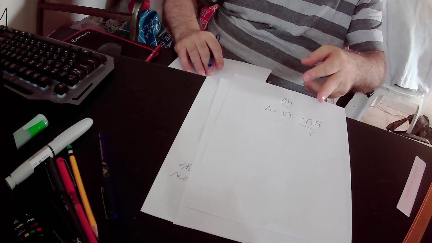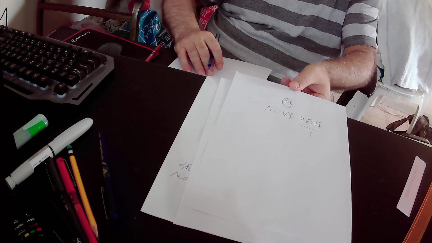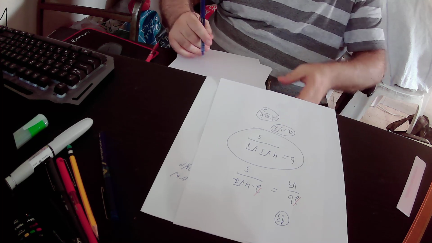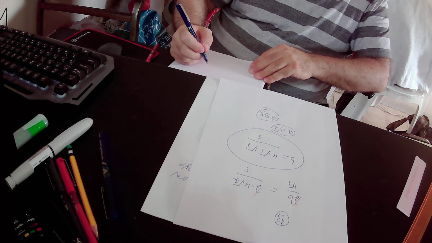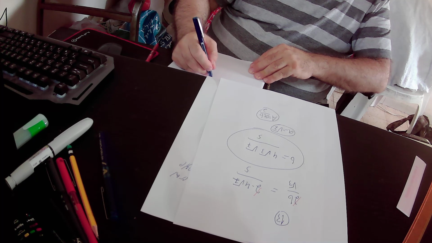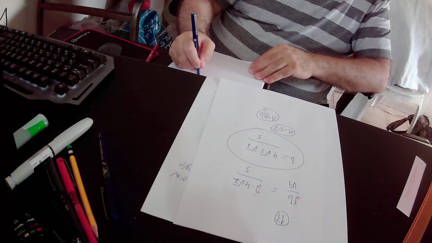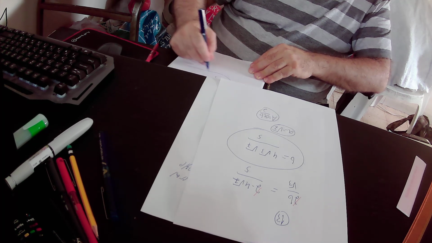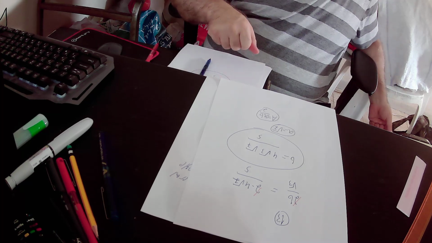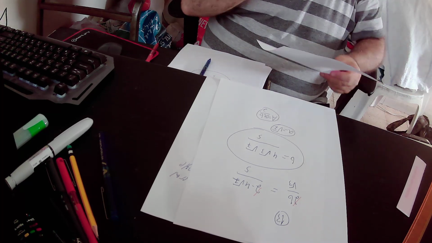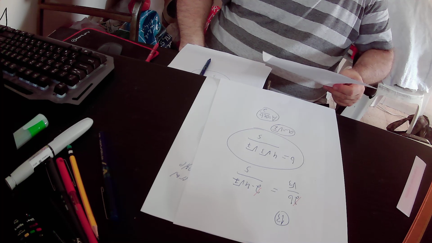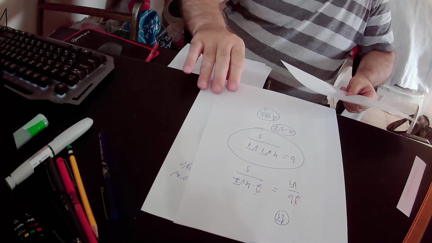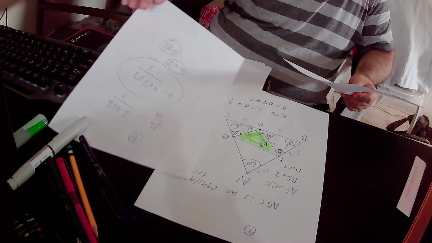So root of 7 times root of 7 is 7. So, I have made some mistake here.